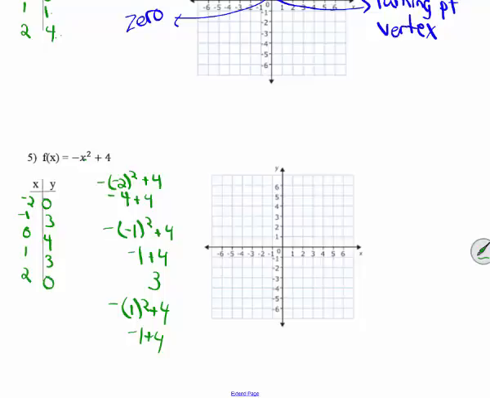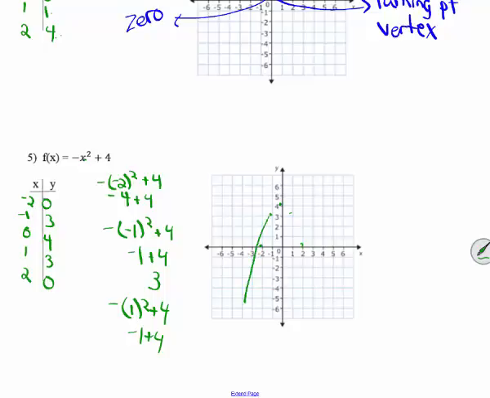And then this one's going to be your 0. So this time we're going to have (0, 4), (-2, 0), (-1, 3), (1, 3), (2, 0).